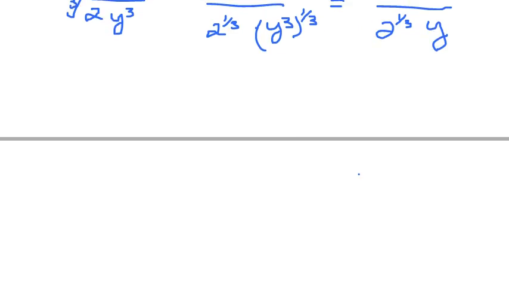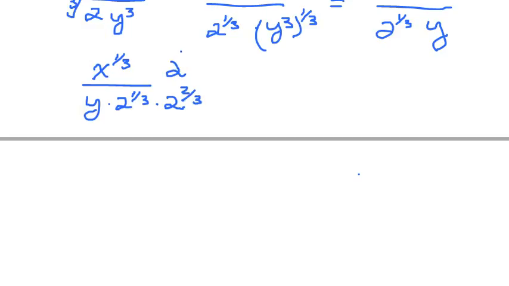We forgot what we had here, so better write that about here. We got this x to the 1/3 over y times 2 to the 1/3. So I'm going to multiply 2 times what? 2 to the 2/3, because 1/3 plus 2/3 is 1.